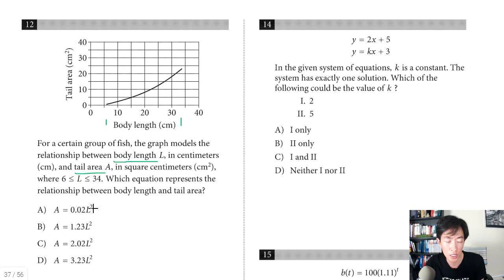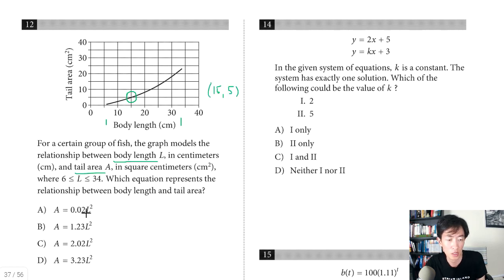We're taking the length, we're squaring it, multiplying it by something, and that gets us the area. So probably easiest way to do this is just take a test point that's obvious and see which equation it fits into. Given that this point falls exactly on some of the axes, I think that's easiest. That's going to be point 15, 5.